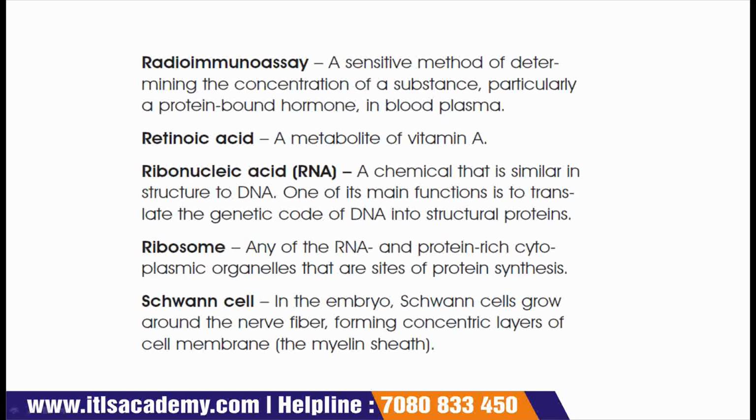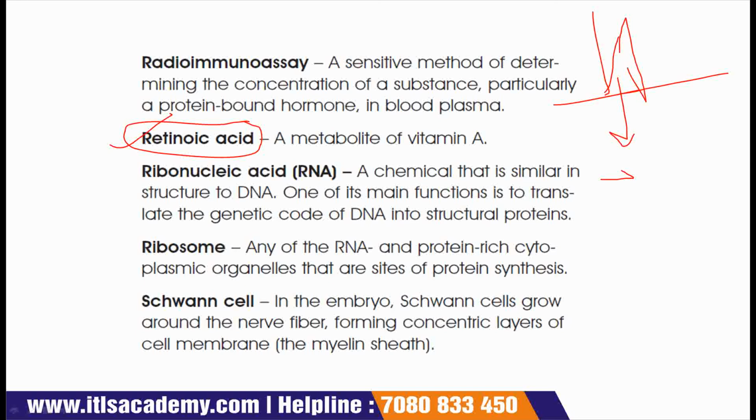Next important term is retinoic acid. Retinoic acid is a morphogen. A morphogen is a substance that works according to its concentration. If the concentration is high, then it will work in an efficient manner, in a proper manner.